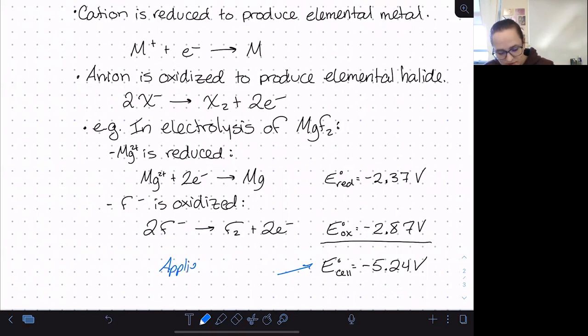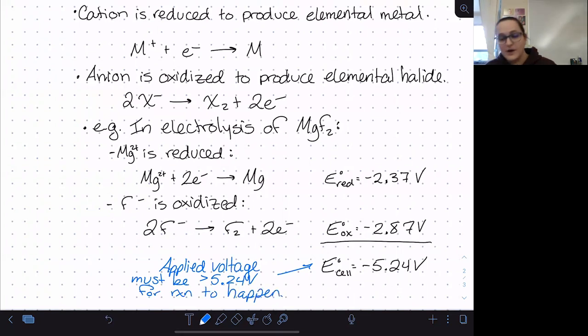Your applied voltage must be greater than 5.24 volts to get this reaction to happen. We're overcoming the disfavoredness of this by applying an external source of energy, so we need to make sure we have enough energy in order for that to happen.